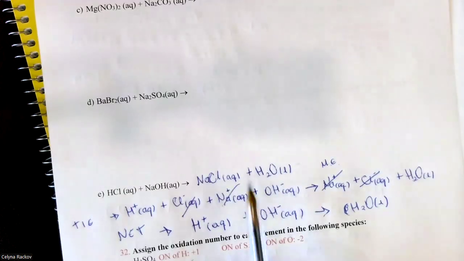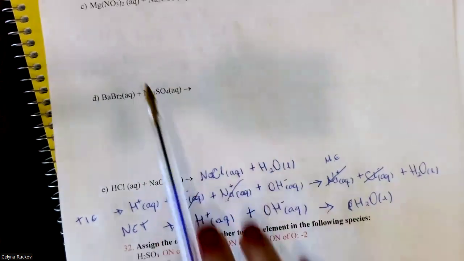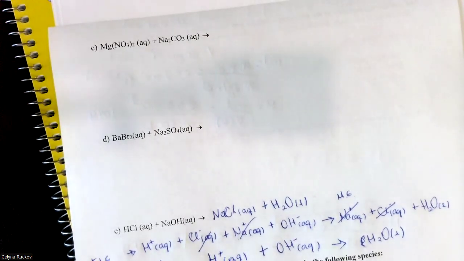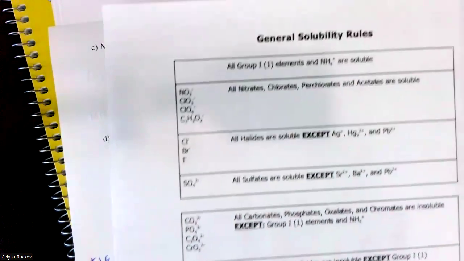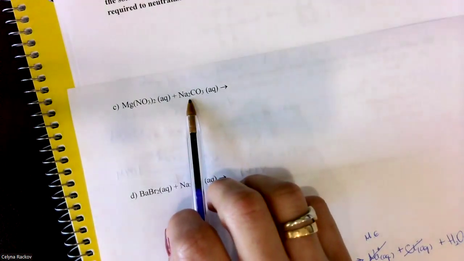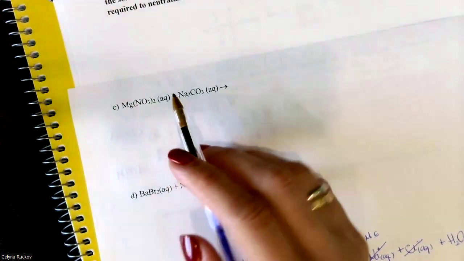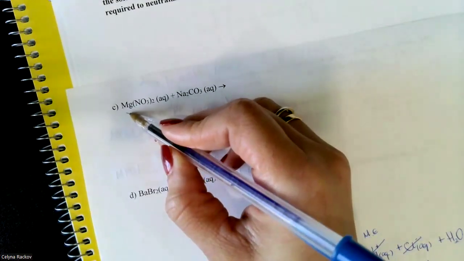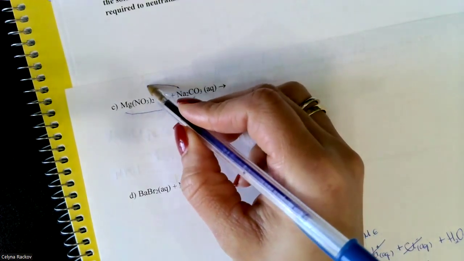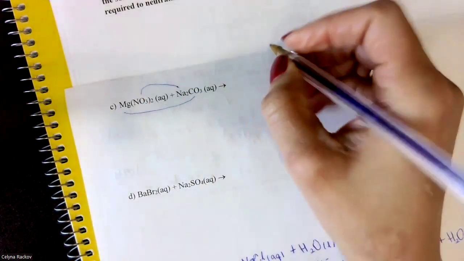We're going to do the same thing for C and D, right? Pay attention with the solubility rules here. For example, C, magnesium nitrate and sodium carbonate. So we're gonna have magnesium gonna be with the carbonate and the sodium gonna be with the nitrate, right?